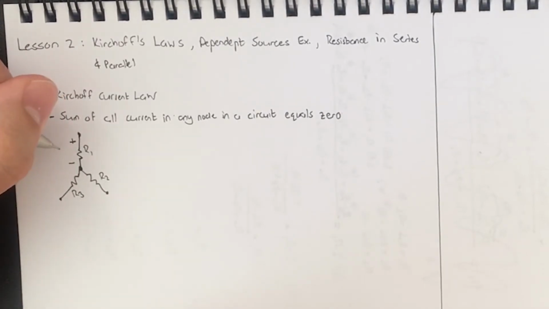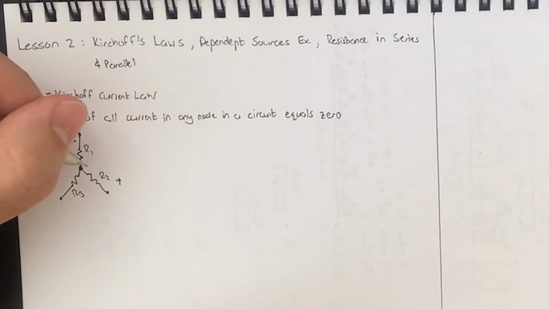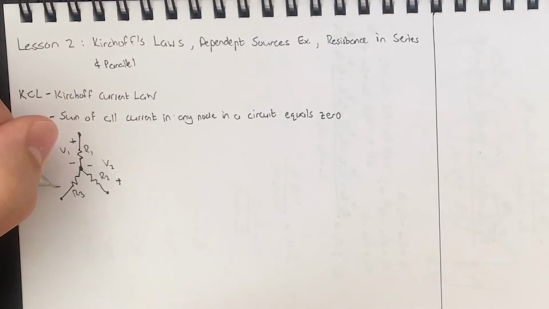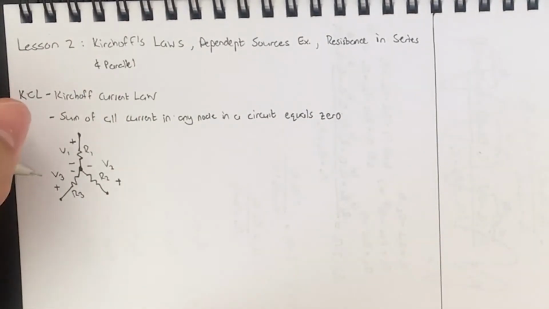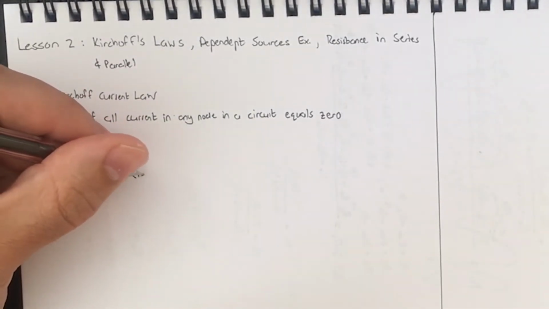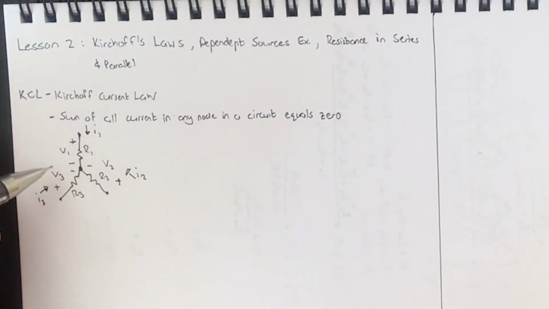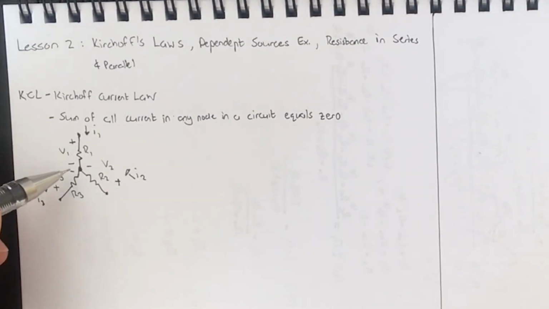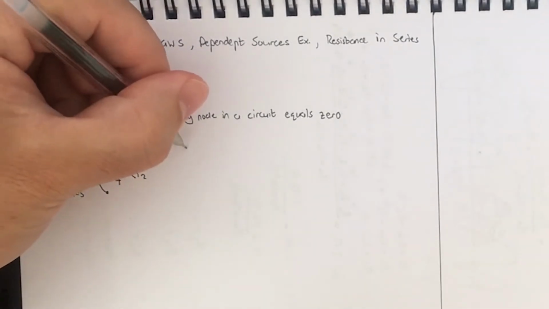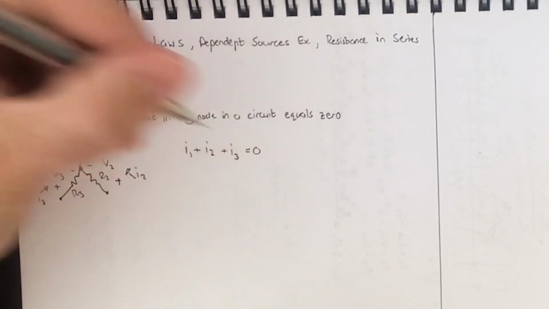So let's define V1, V2, as well as V3, and we define the currents in the usual passive convention sign sense of flowing into the positive terminal. So now what Kirchhoff's current law says is that the sum of all the currents, so this current flowing into this node, this current flowing into the node, and this current flowing into the node, all equal 0. So I1 plus I2 plus I3 equals 0.